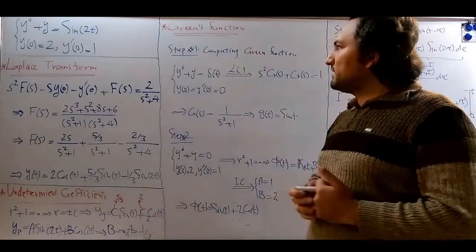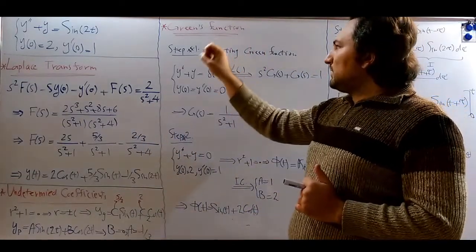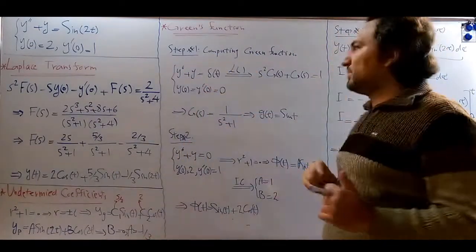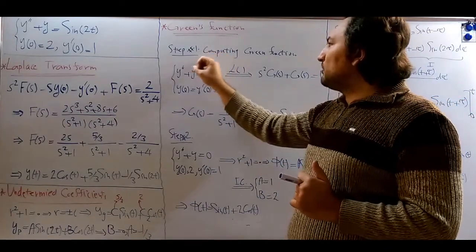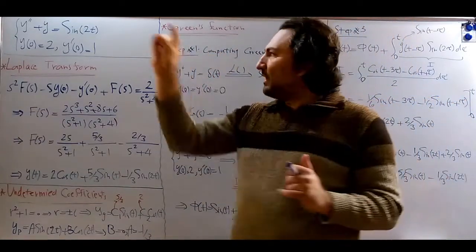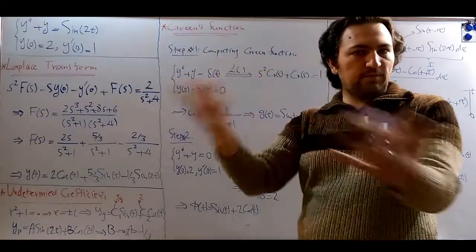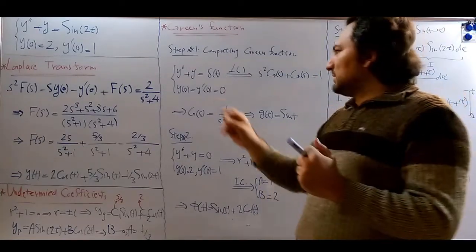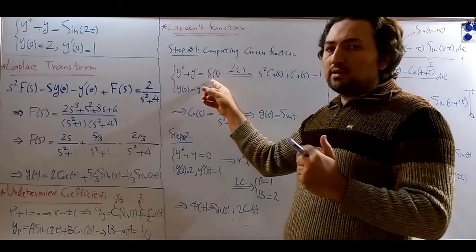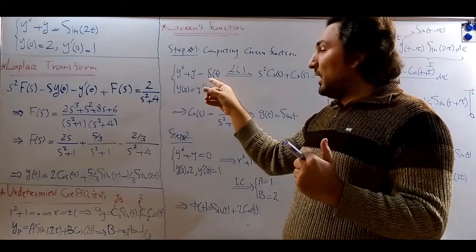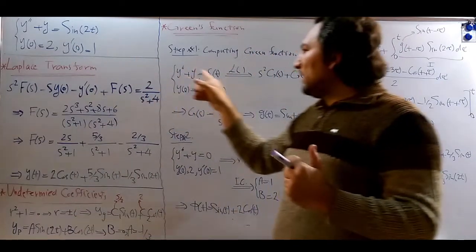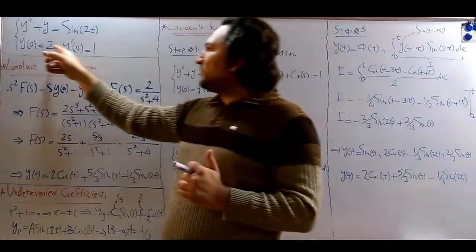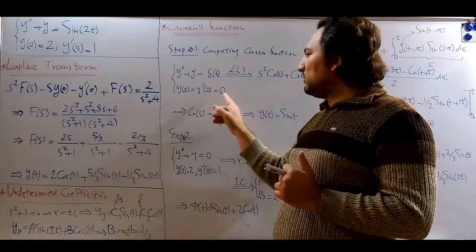Alright, the third one is the Green's function approach. This approach has three main steps: step number 1, step number 2, and step number 3. At the first step, you have to compute the Green's function of the original differential equation. The Green's function is the solution of the original differential equation, in which the right-hand side is replaced by the Dirac delta function, and also the boundary conditions are all equal to 0.